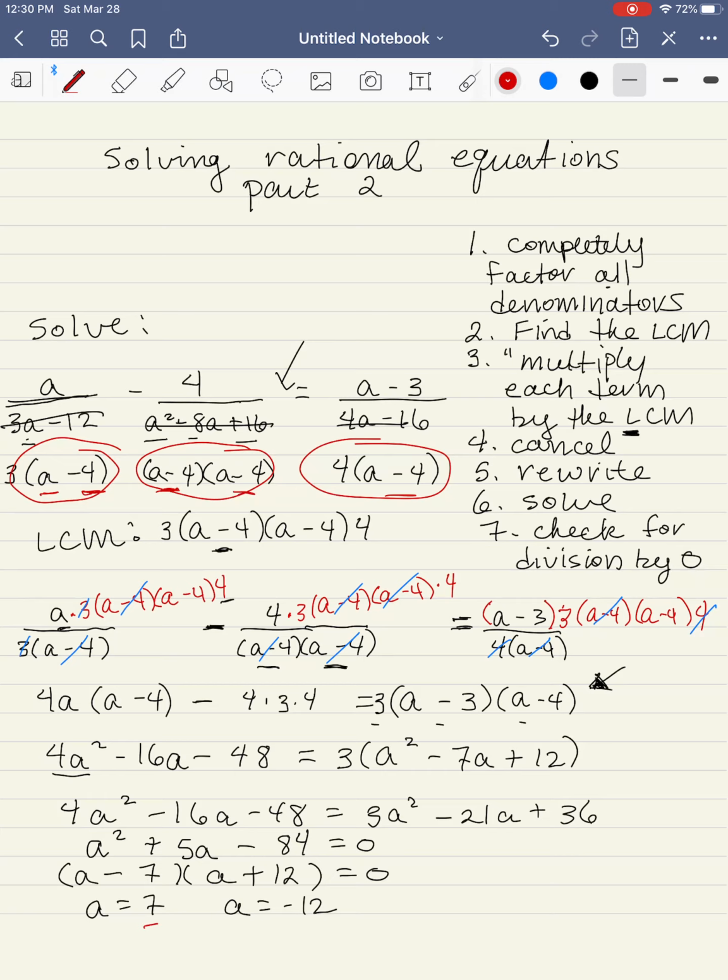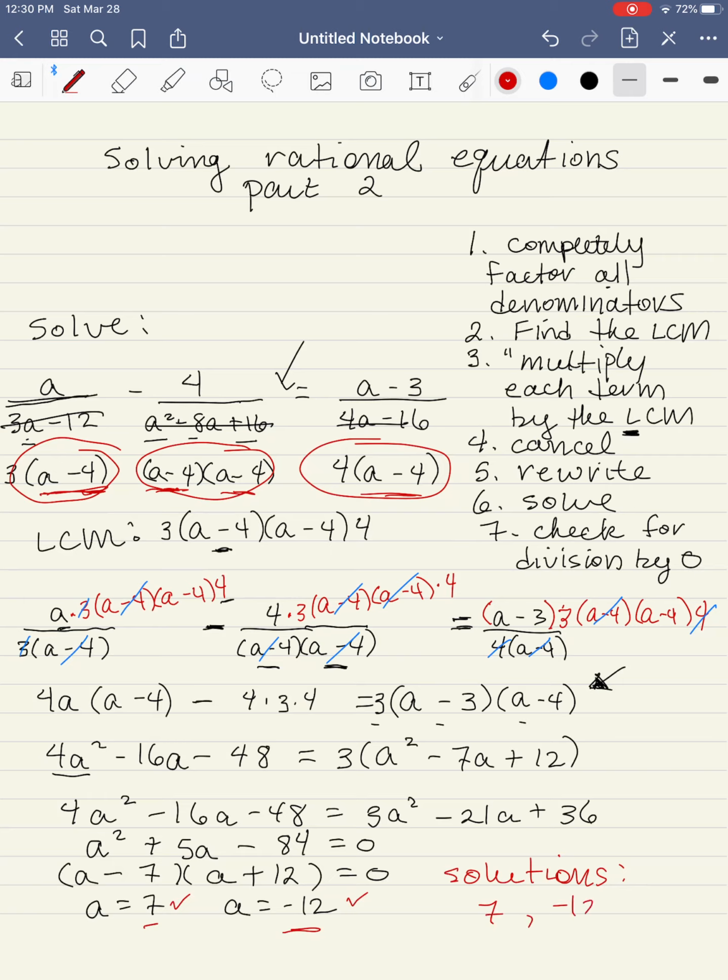If I plug 7 in here, here, here, that does not give me 0 anywhere. And if I plug a negative 12 in each term, I do not get a 0 anywhere. So that means both of my solutions check, and this one has two different solutions.